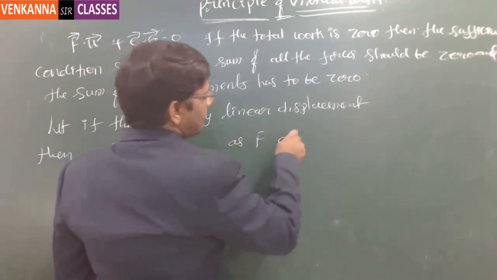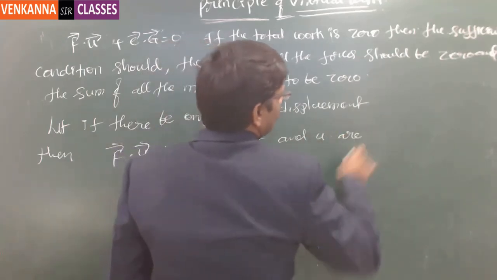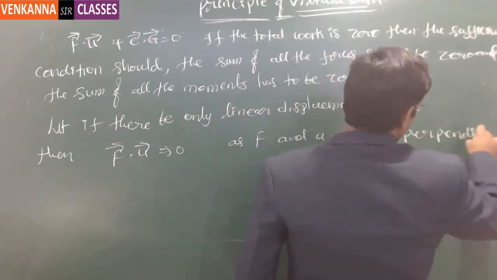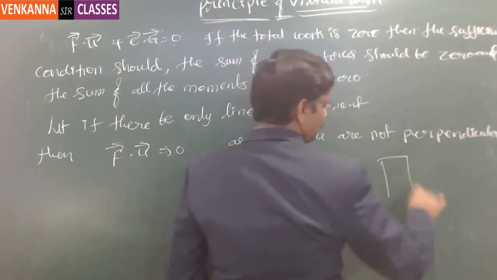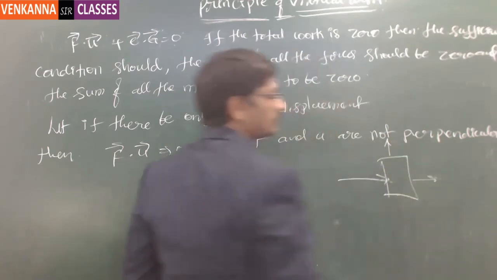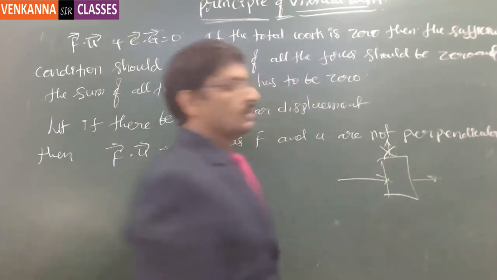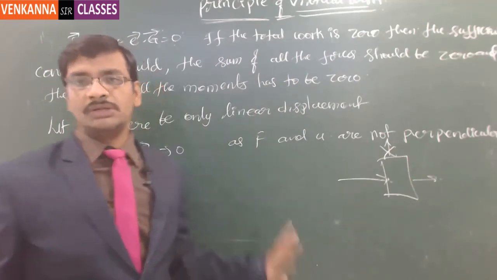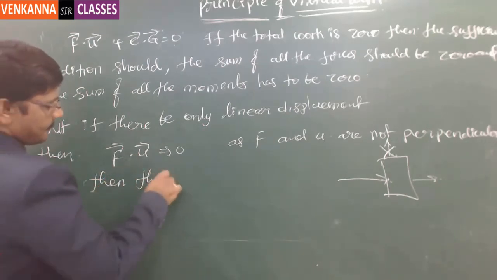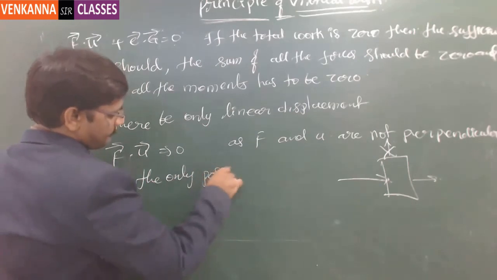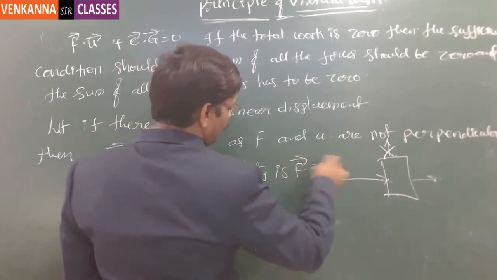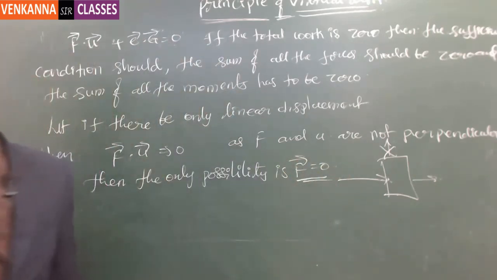As F and U are not perpendicular, because the resultant force is in this direction, it can't move in this direction. It has to move only in this direction. That means this is a ruled out case. So F and U are always non-perpendicular to each other. Then the only possibility is F equal to 0. Then only F dot U will be equal to 0.